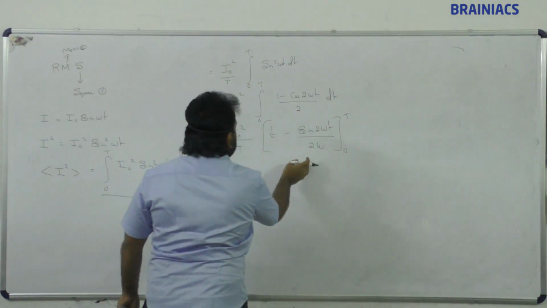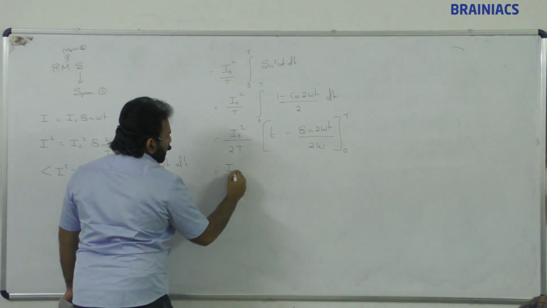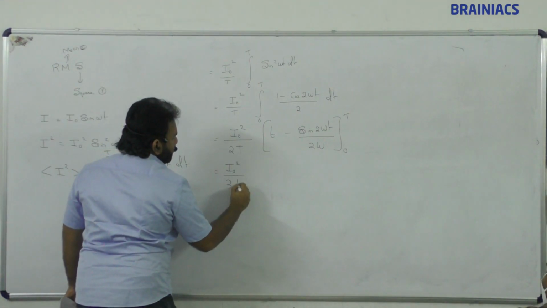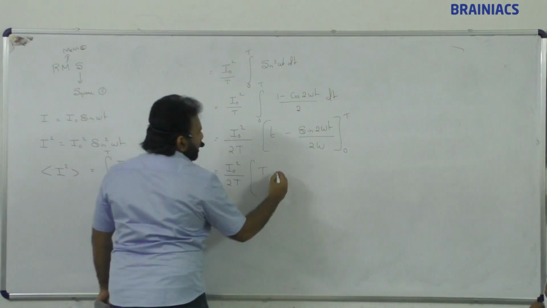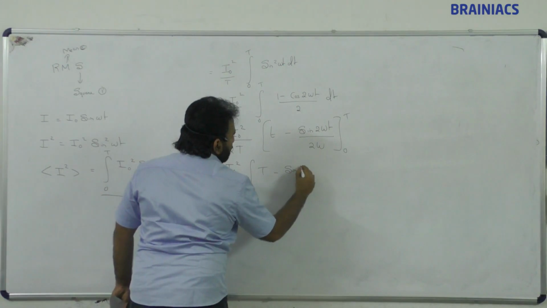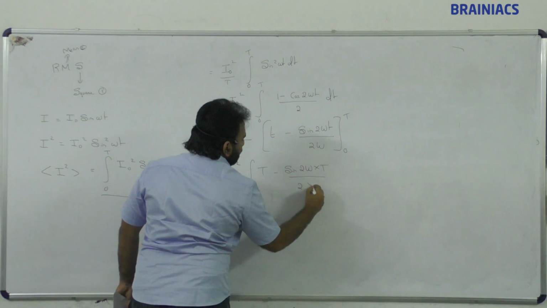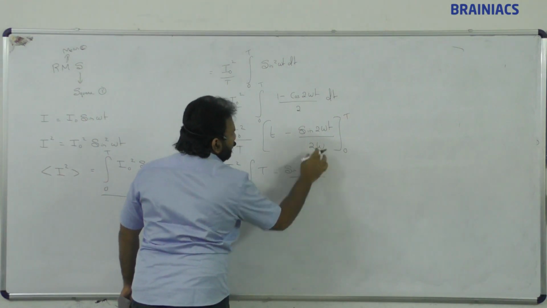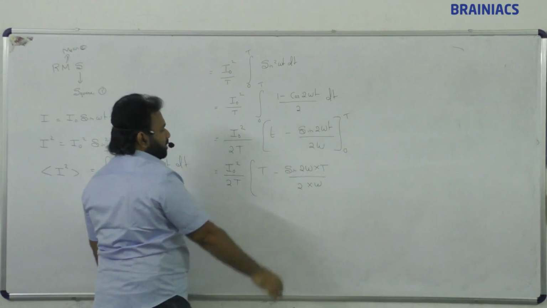Now we are giving here this full value. So this is going to be I naught square by 2T, and here putting the upper limit T, and this is going to be sine 2 omega into T divided by 2 omega. Then the remaining things will become 0.